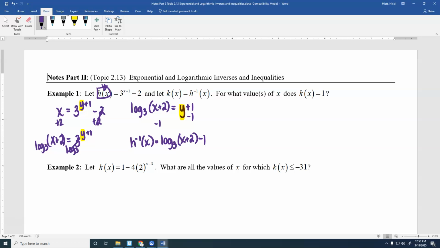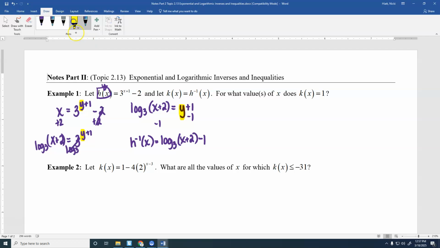All right, so for this, now that I've got my inverse, I want to see where this inverse equals 1. So what do I have to do? Where's that 1 going to go? It's like our y value on our inverse function, right?